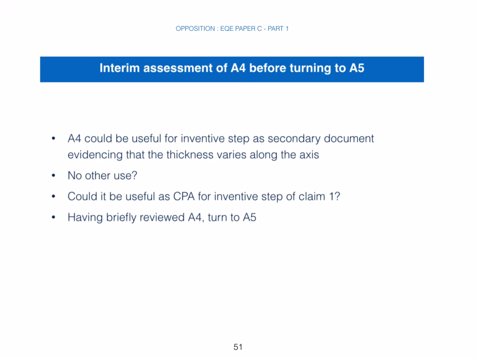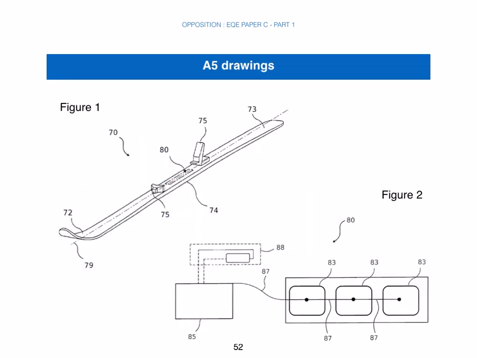Having briefly reviewed A4, we turn to A5, starting with A5's figures. It looks from figure 1 of A5 that the circuit which is shown in figure 2 is placed on the ski surface between the heel binding and the toe binding.